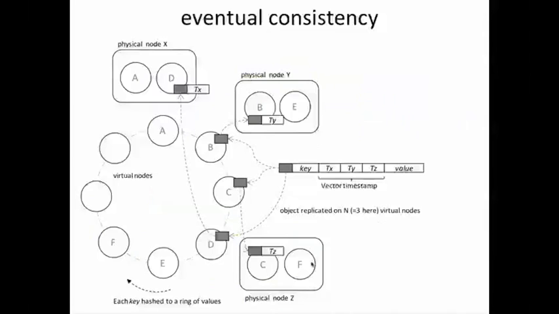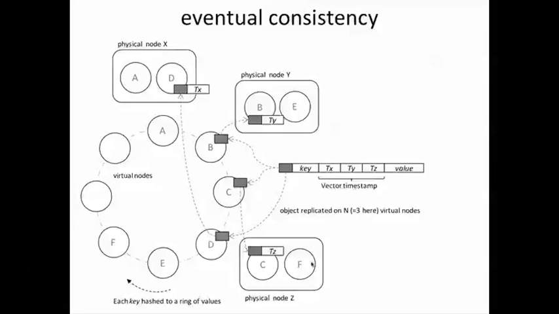So instead, MongoDB uses something called eventual consistency, where writes or updates are propagated to replicas eventually and not synchronously with the write. So it's possible for a write to complete without all its replicas having been updated with that write.